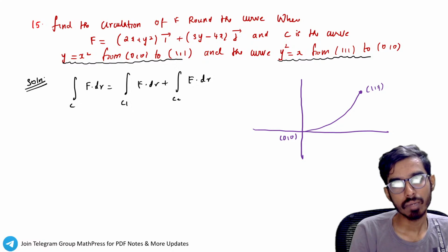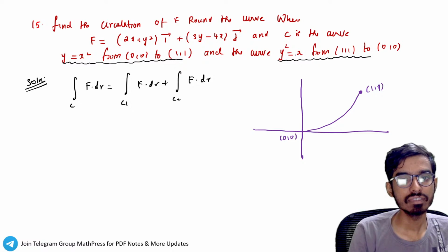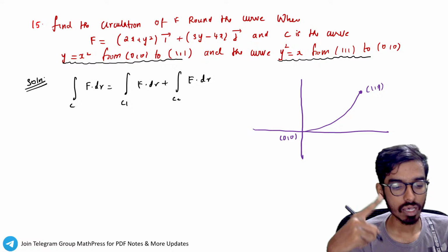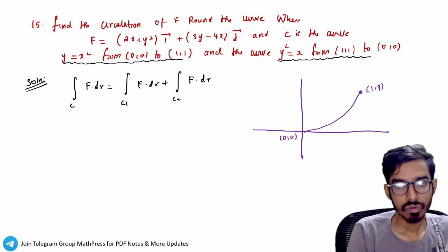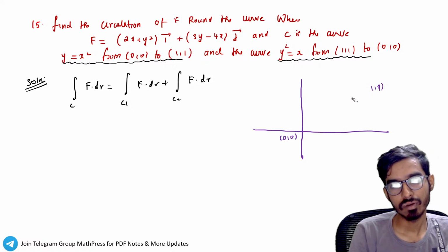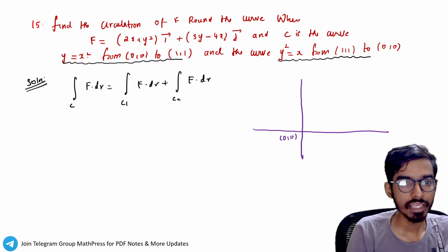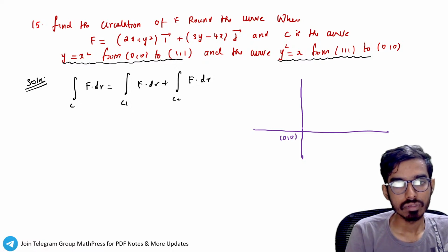Then y square is equal to x, which is the same as x is equal to y square, an open rightward parabola.